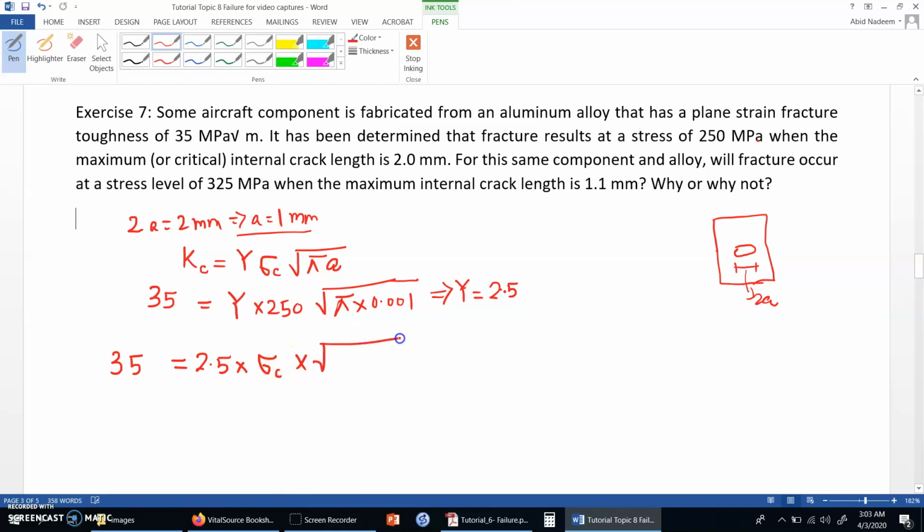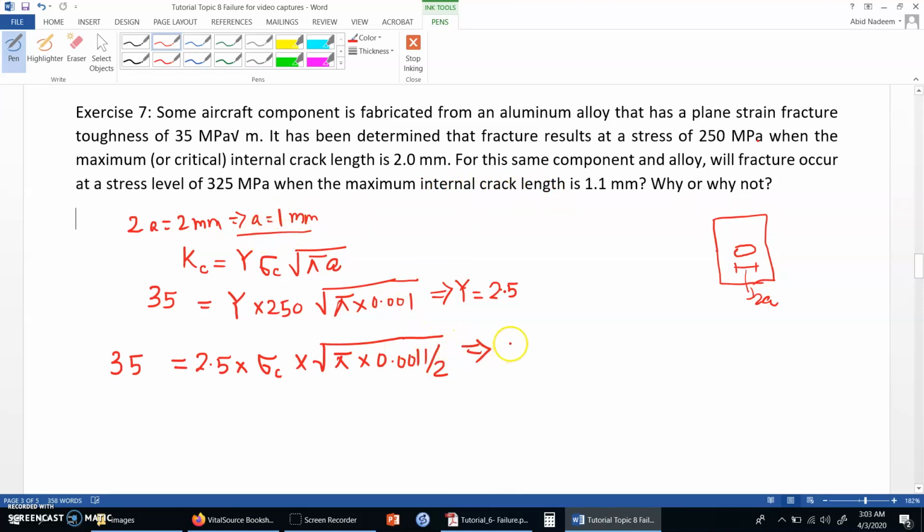So we can put pi over here, and in this case the internal crack length is 1.1 millimeter, so it will be 0.0011 divided by 2. This is the internal crack length, half of that should be taken.